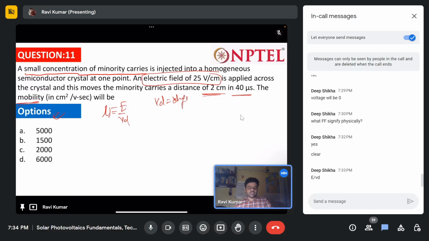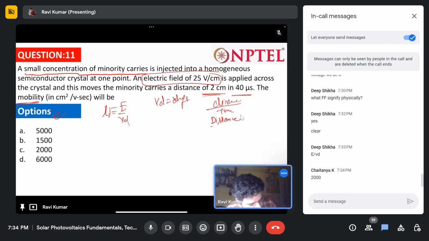What is velocity? Velocity is distance upon time. And here the distance given is 2 centimeter divided by 40 microsecond. So this is Vd. Then calculate.